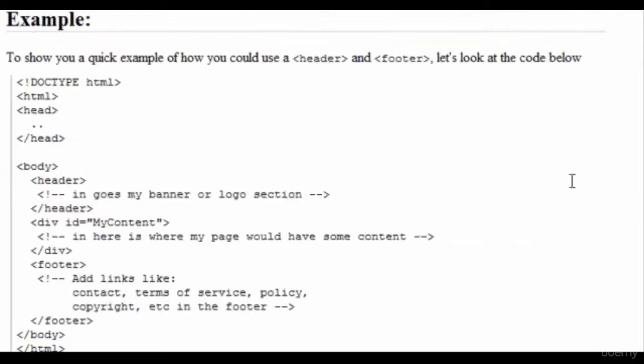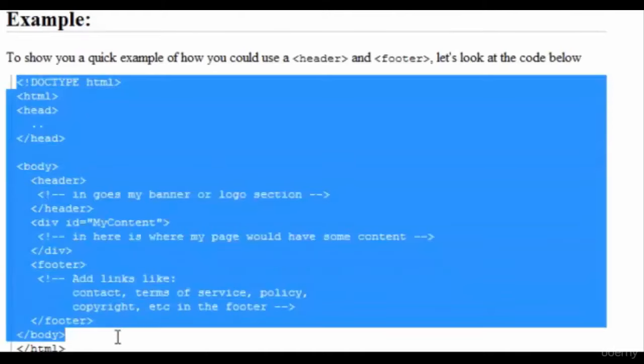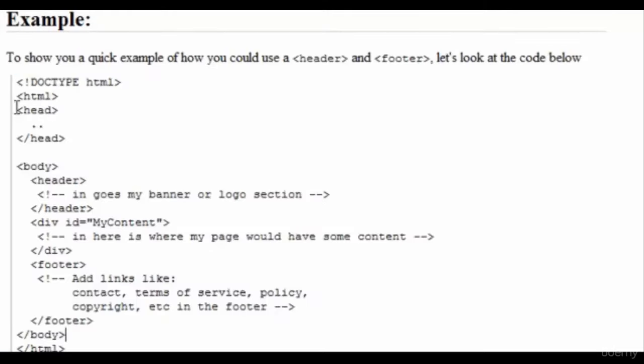So if we take a look at a quick example here, just to show you how the header and footer could work, we have the entire page HTML here. We have our head and we have our body. And inside our body, we put the header, which is a block element, by the way, and it will take up the entire block going from left to right, and that's where you could put your logo or your banner, your title of your page or your blog.